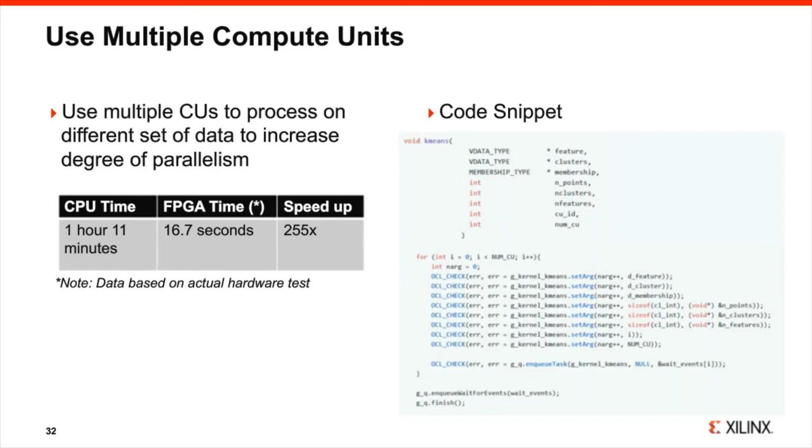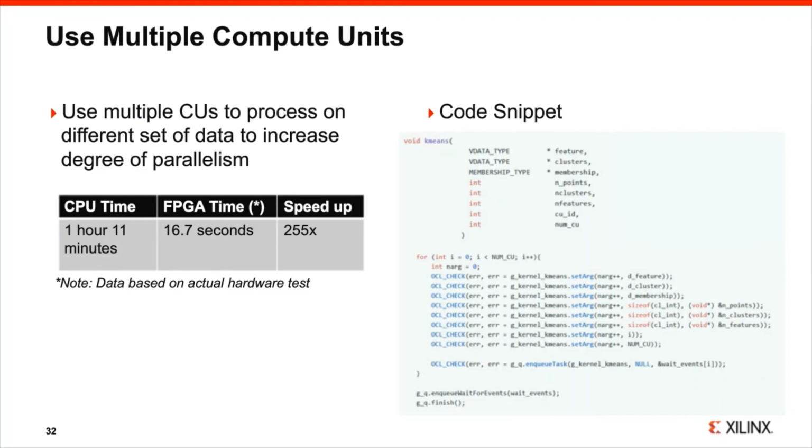In the last step, we will adopt a higher level parallelism to further enhance the overall latency. We are going to instantiate multiple kernels, or called CUs, in the design, and each CU processes different subset of data. To achieve that, both host code and kernel code need to be restructured.